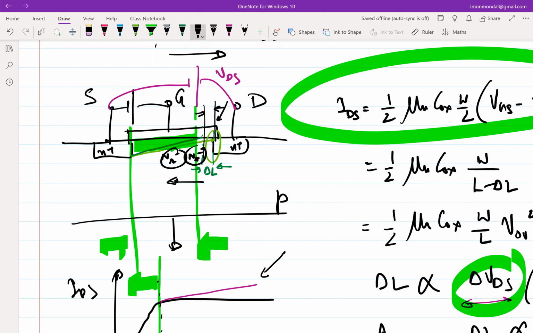But the charge that I will be seeing will be much lesser than Na minus. That's why the terminology says that there are no mobile charges. But sure, if you have current flow, there should be mobile charges. But that mobile charge has not been generated by the application of VGS. That's all.